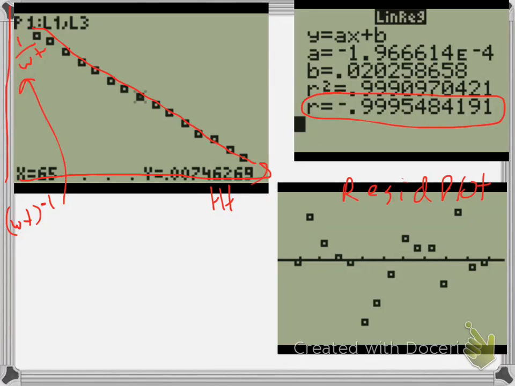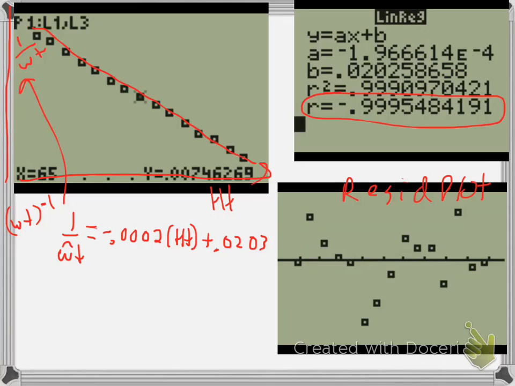So I'm going to write it in then. So really it's 1 over the predicted weight equals -0.123, say -0.2 times the height, and then I'm going to add 0.0203 to it.